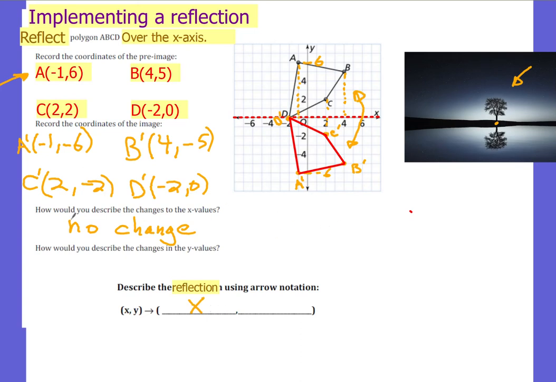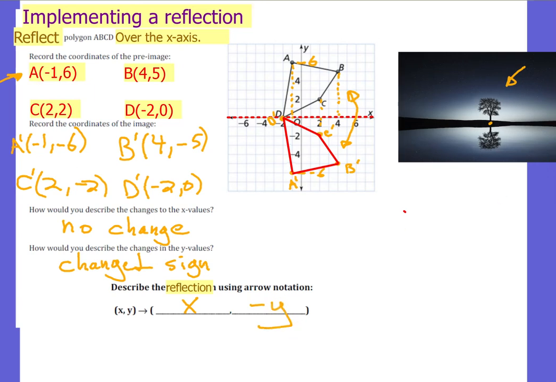However, everything on the y-axis, 6 became -6, 5 became -5, 2 became -2, 0 became 0, and you can imagine if I had a point below the axis, it would flip up. We can just say all the y values just changed sign or flipped polarity. So any y just became -y.